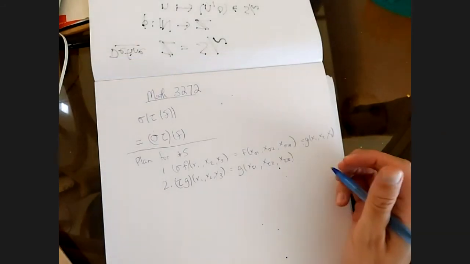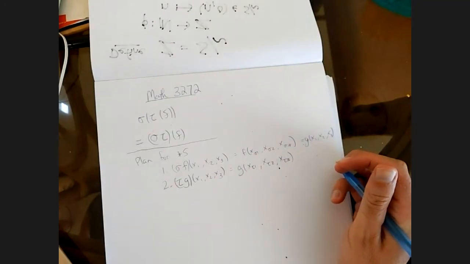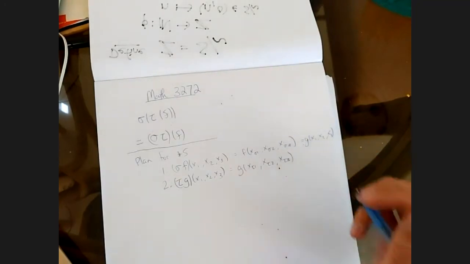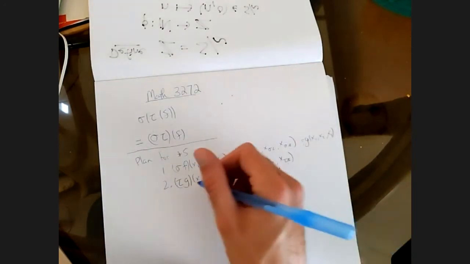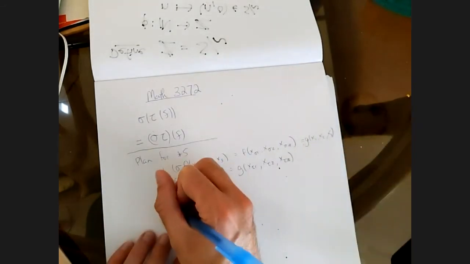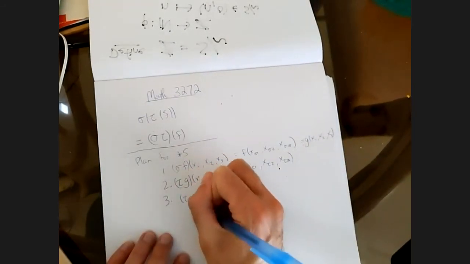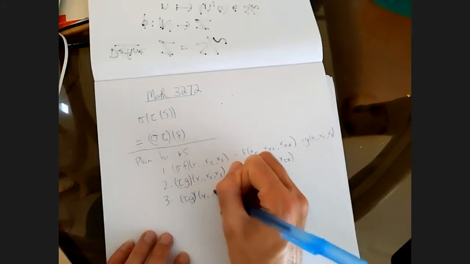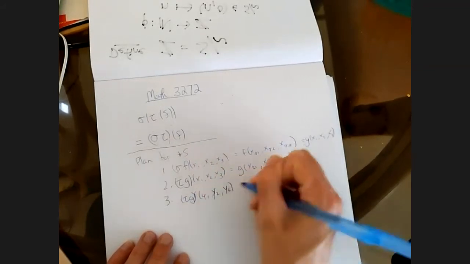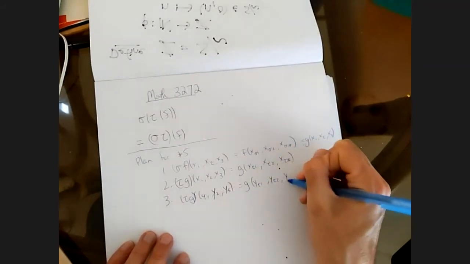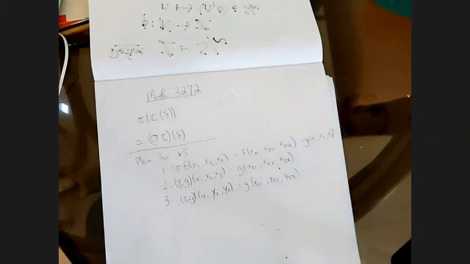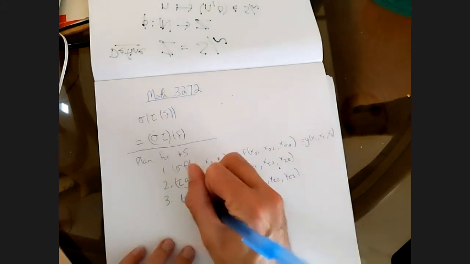Then in this equation, just relabel all the x's by y's, and we'll see why soon. So that tau g of y1, y2, y3 is just g of y tau 1, y tau 2, y tau 3. Actually, no, sorry, you don't do that.